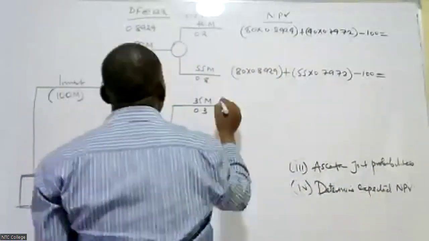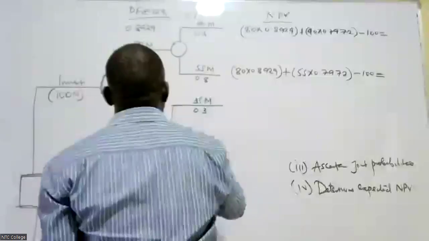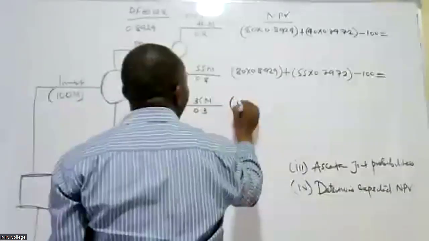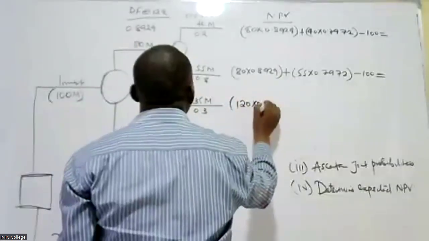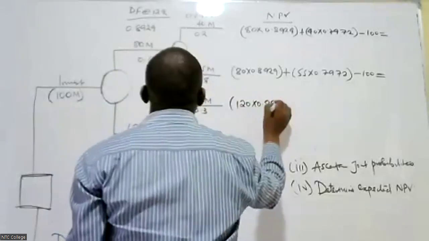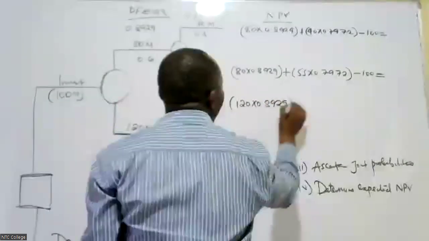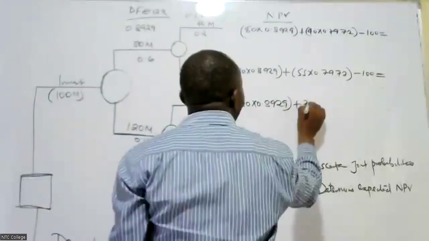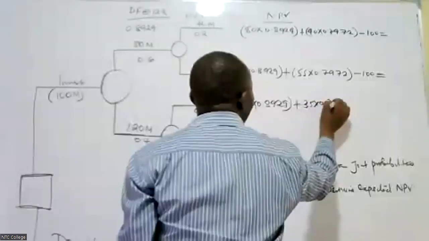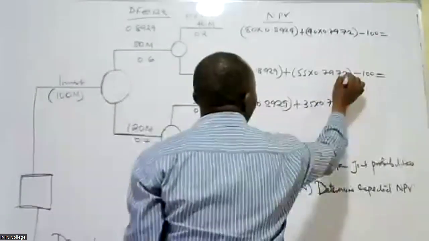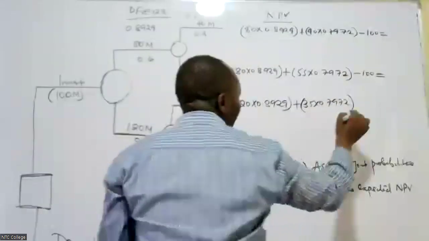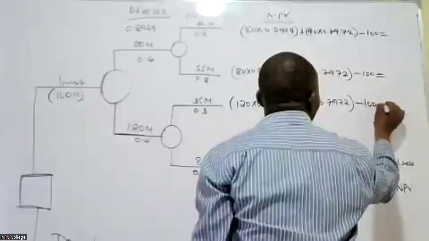Here we have now 120. So we have 120 times 0.8929 plus 35 times 0.7972, minus 100.